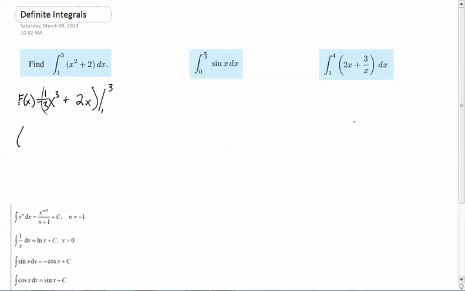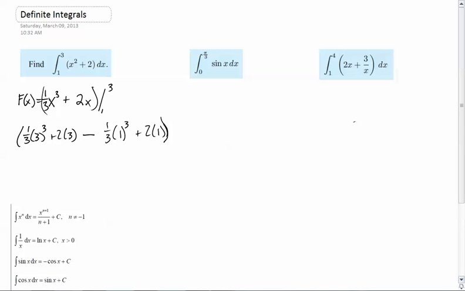And so we'll go 1/3 of 3 to the third power plus 2 times 3, and then we'll go minus 1/3 of 1 to the third power plus 2 times 1.